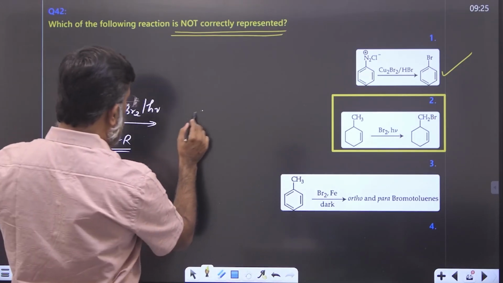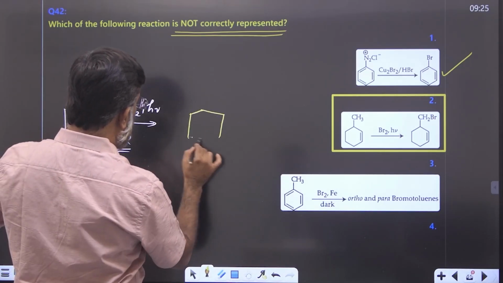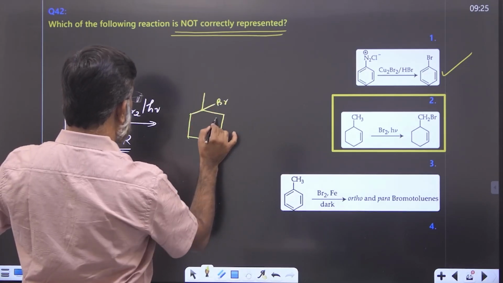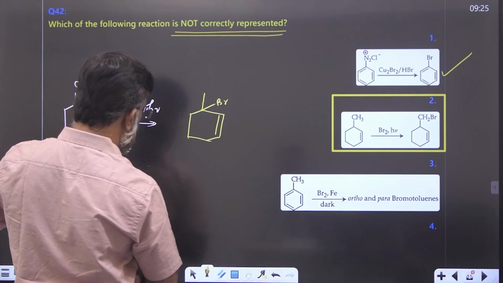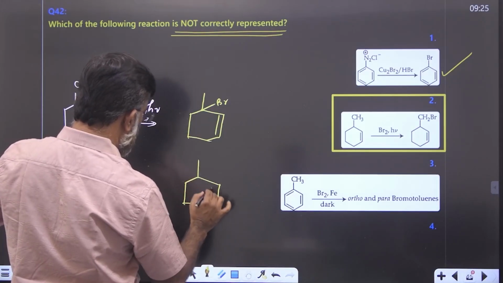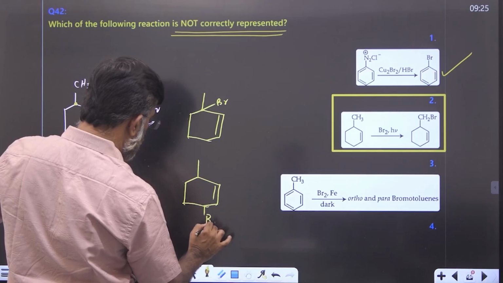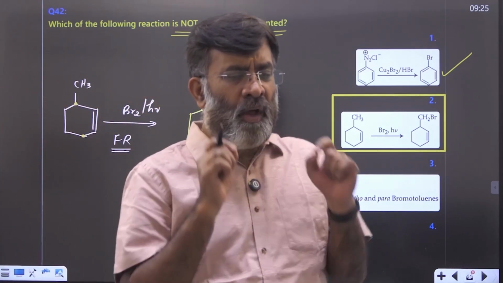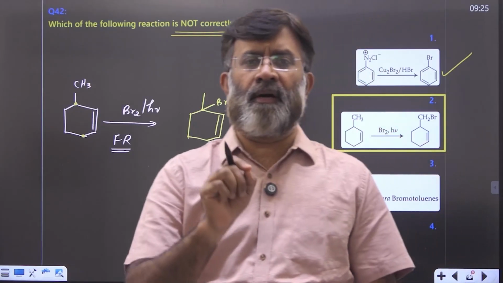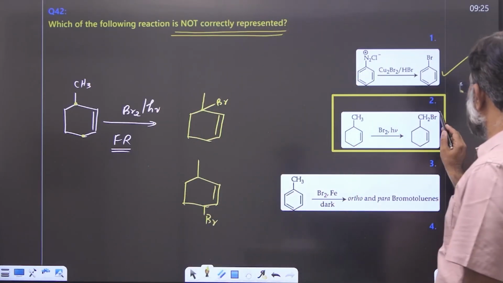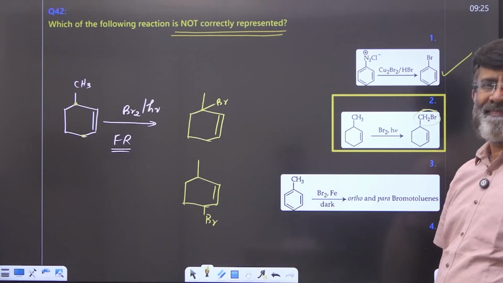So the final product should be like this. There is a bromine coming here and a double bond here, and it can be over here also, a bromine coming here. So this is allyl bromide. Allyl bromide will be the major product, whereas in the given product bromine is attacking over here. That is wrong.